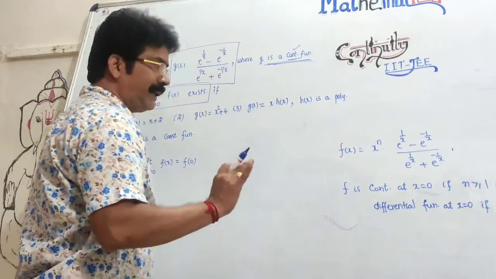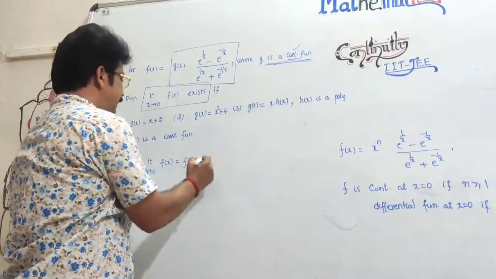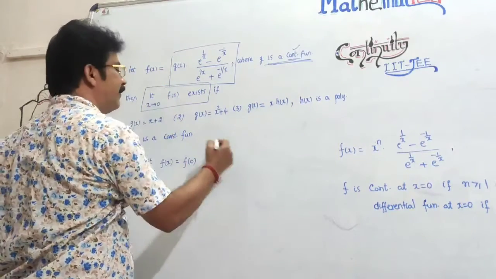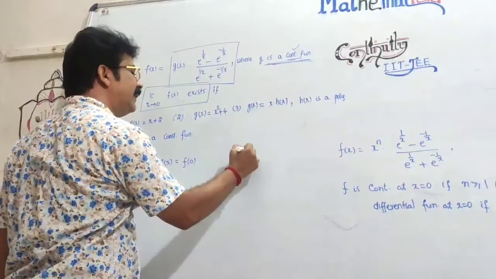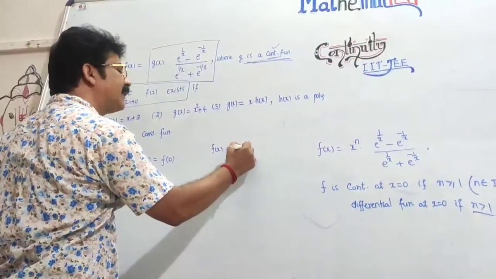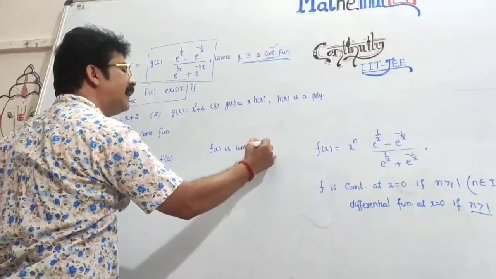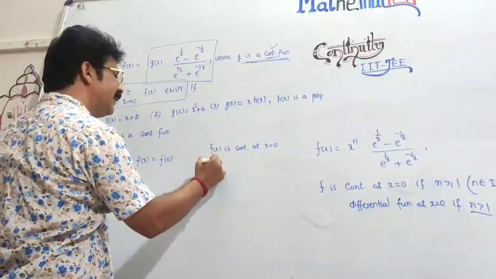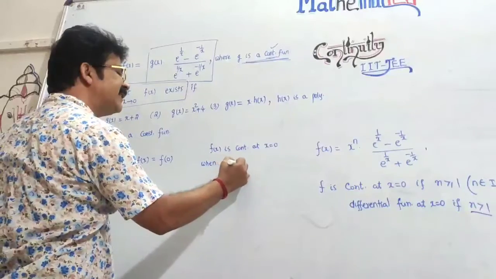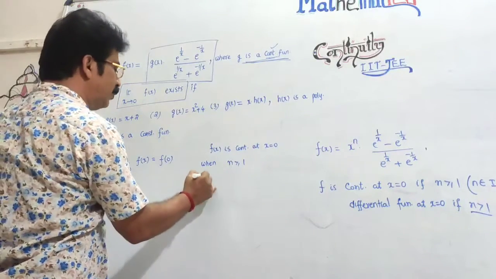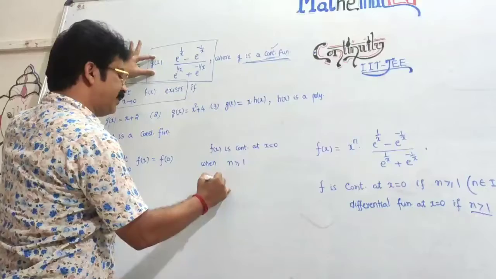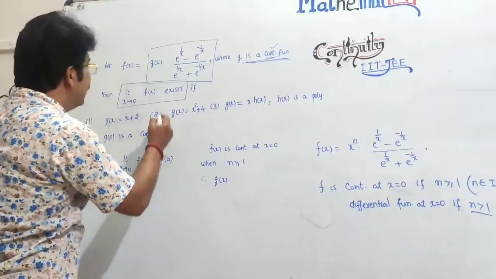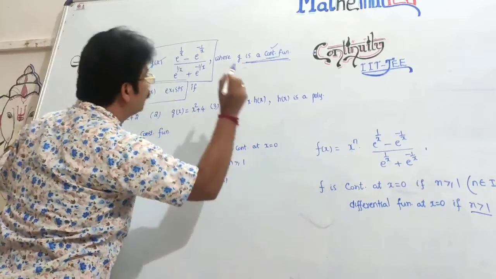So therefore, what I am telling is that this f of x is continuous at x equal to 0 when n is greater than or equal to 1. So then g of x, already instead of g of x I wrote x power n.